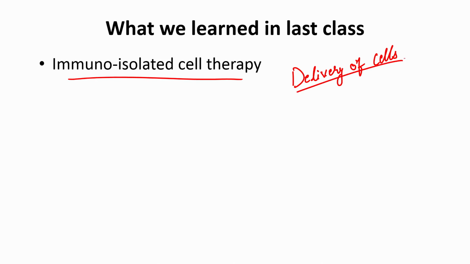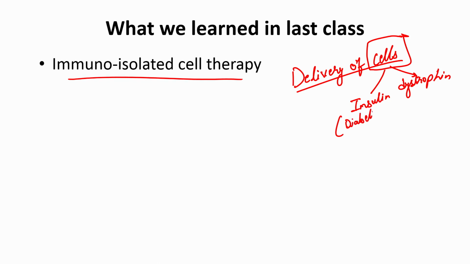When I say delivery of cells, the drug in this case is cells. Our actual drug is something else that is being produced by the cells. So, this could be insulin, if you are suffering from diabetes, or this could be dystrophin, for muscular dystrophy, or something else also.